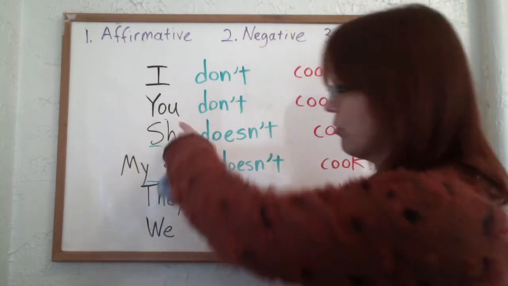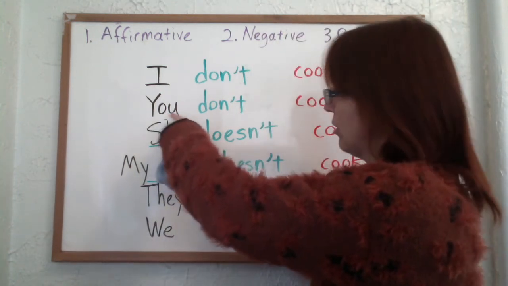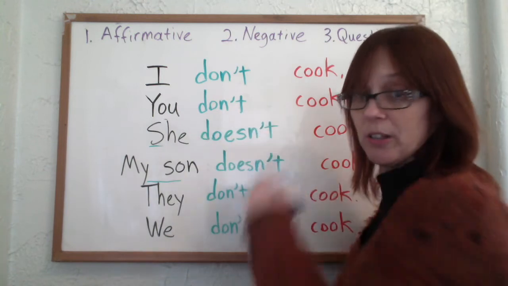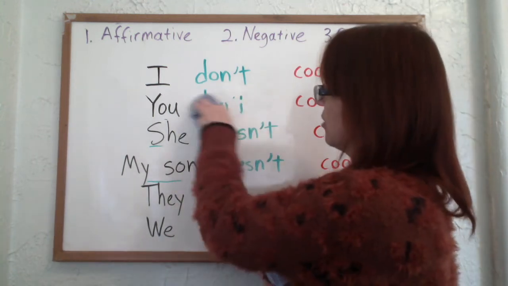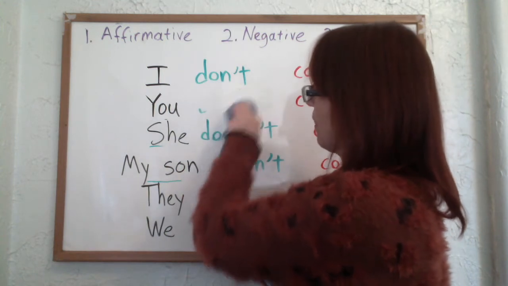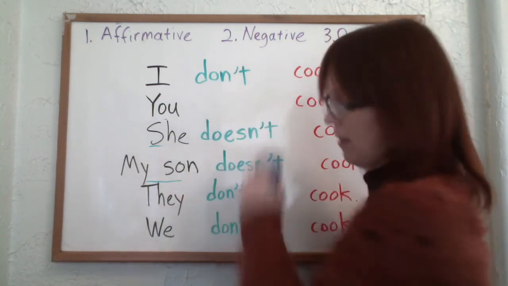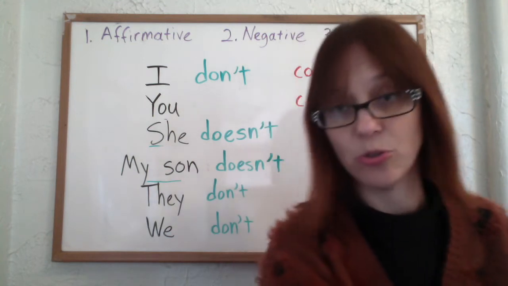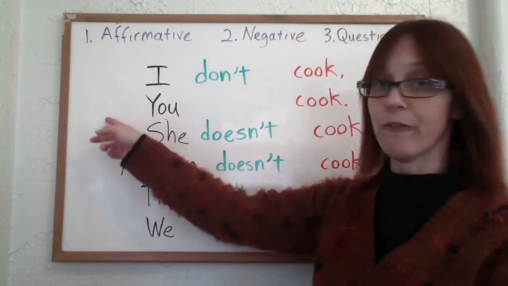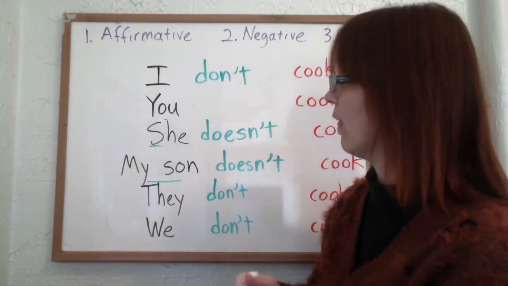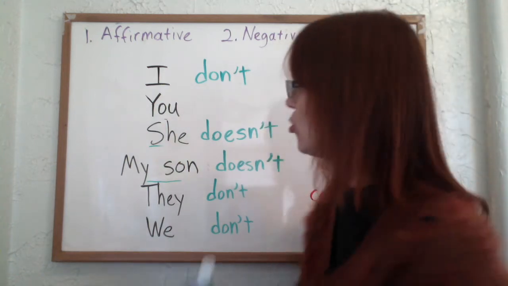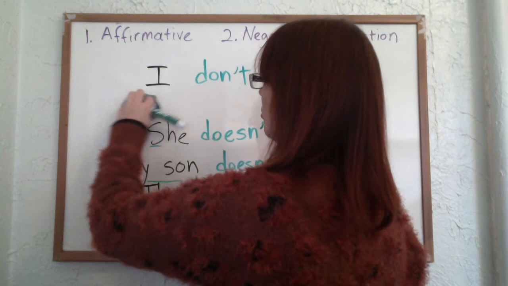So for this example, you don't cook, the negative. I'm going to erase this. And the verb do goes first. So now I say, do you cook?